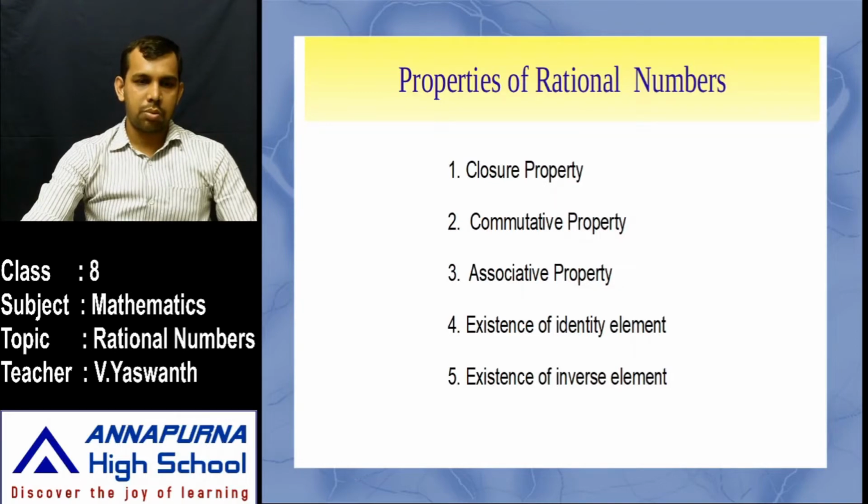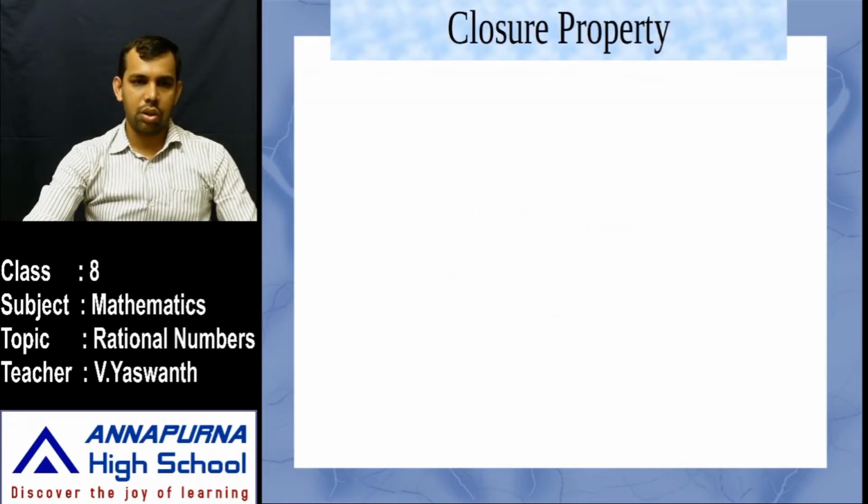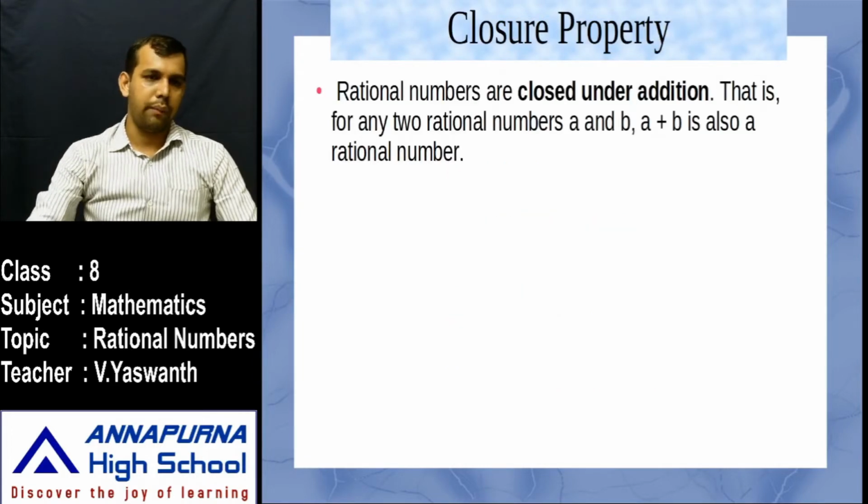Among these five properties, in the previous video we completed the closure property of rational numbers. That means the collection of rational numbers satisfies the closure property with respect to fundamental operations. Let us recall that. Rational numbers are closed under addition.